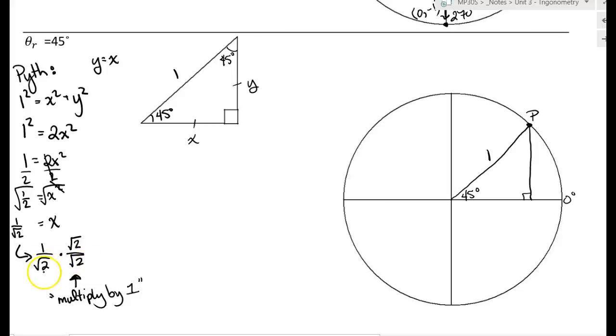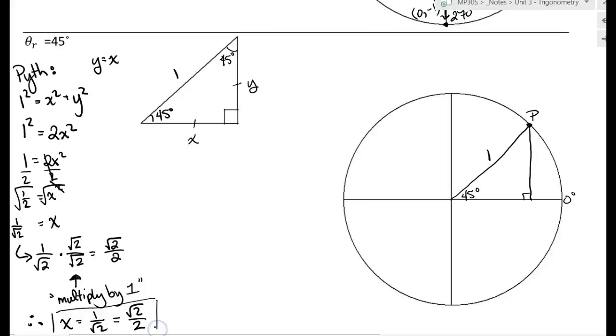But we do it this way because the square root of something multiplied by itself is the same thing as squaring it, and that means that it's going to actually undo that square root. So instead, I could write it as root 2 over 2. So those are my two options. X can be written as 1 over root 2, which is actually the same thing as root 2 over 2.